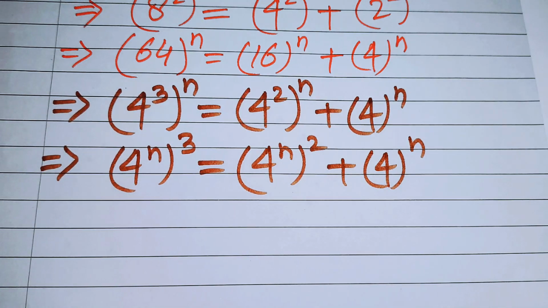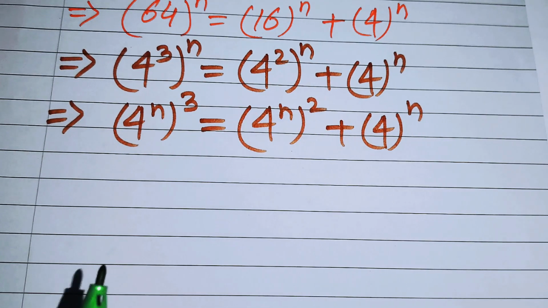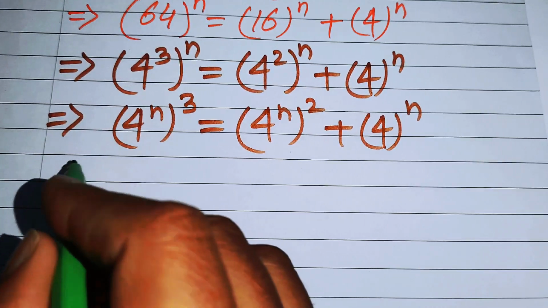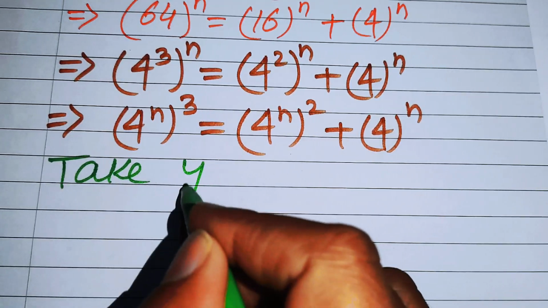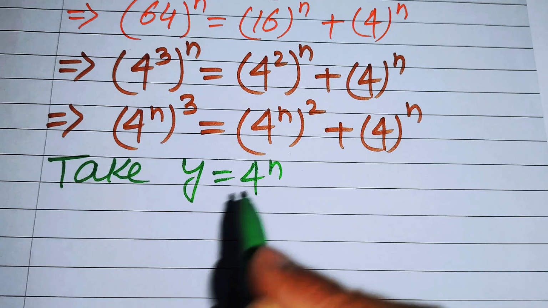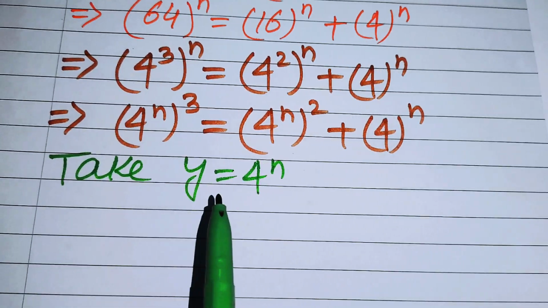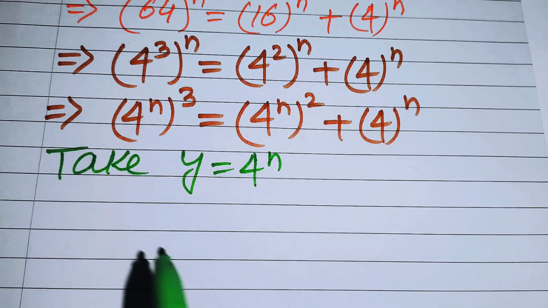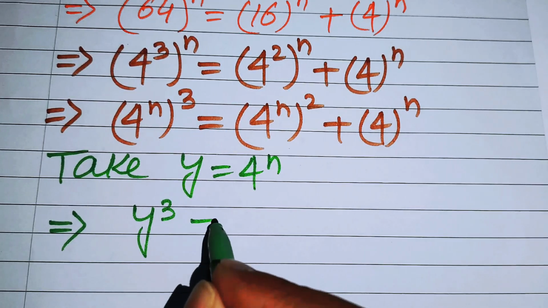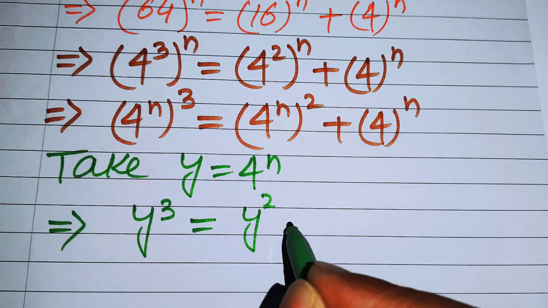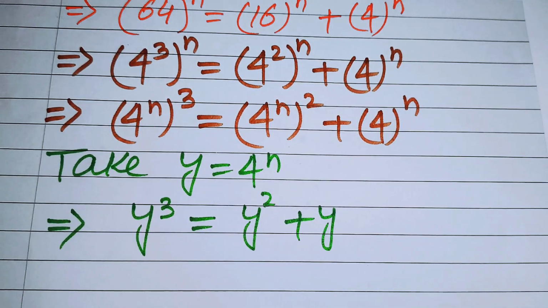And now in the next step we take y equals 4 to the power of n. When you take y equals 4 to the power of n, then this expression becomes y cubed equals y squared plus y.